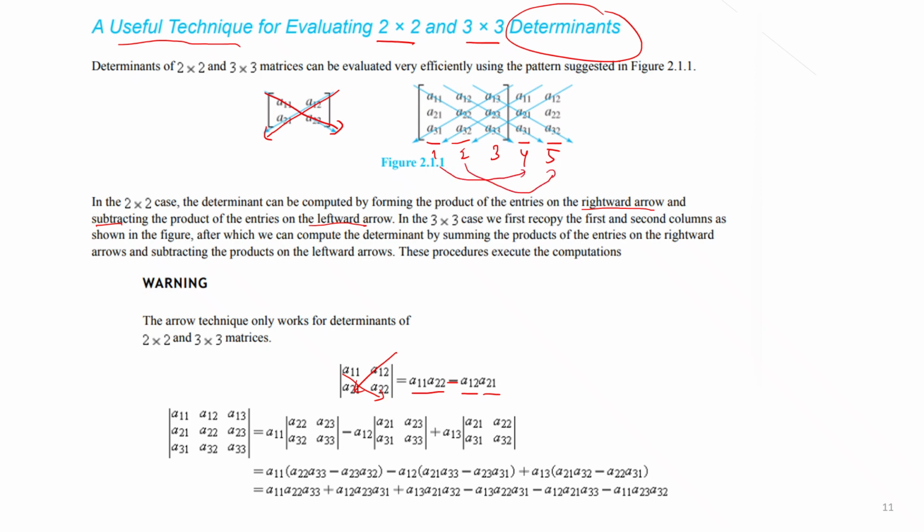Then you can draw the lines going rightwards, this one and this one, and then another line, this one. Then with the same approach, you sum all the rightward products and subtract all the leftward ones.